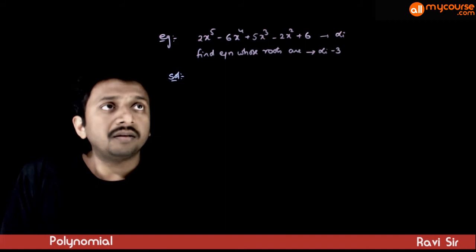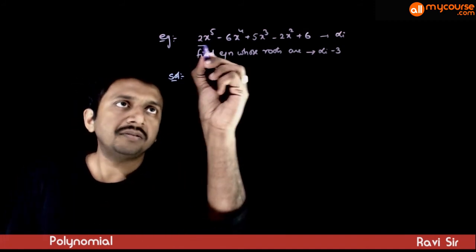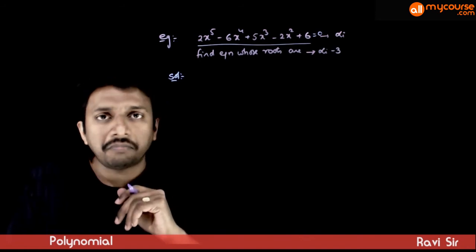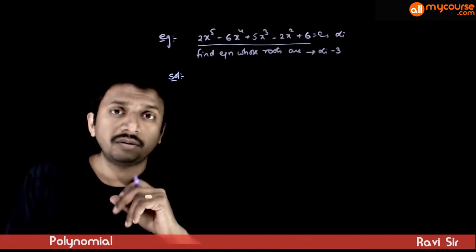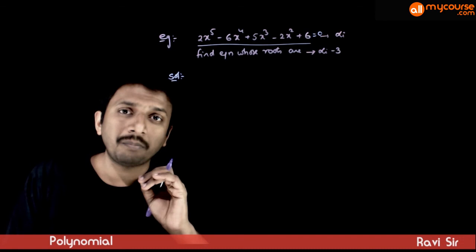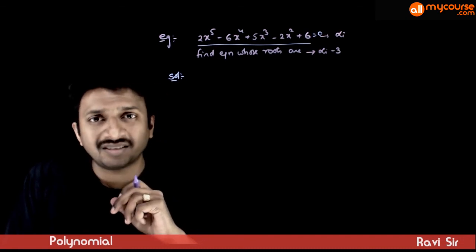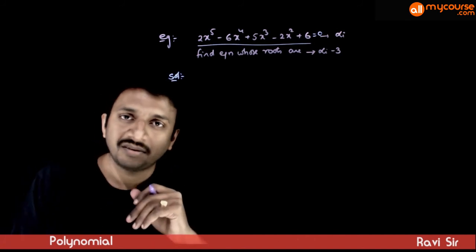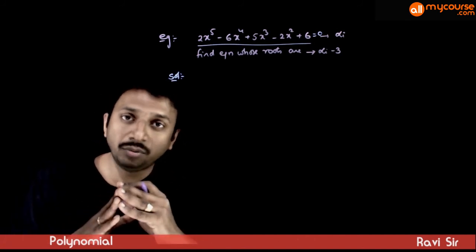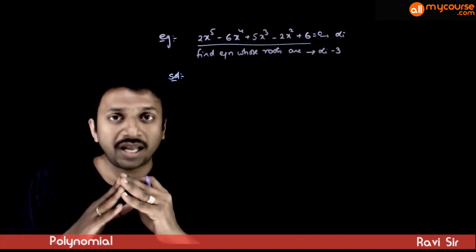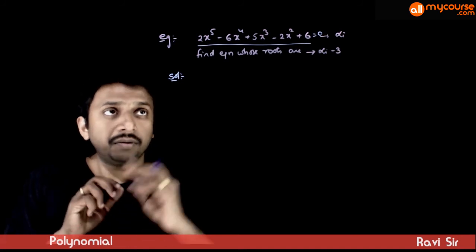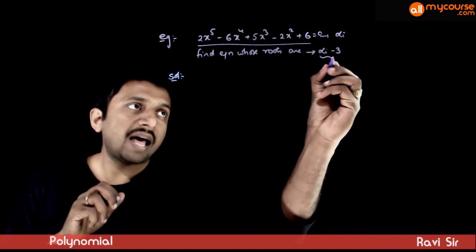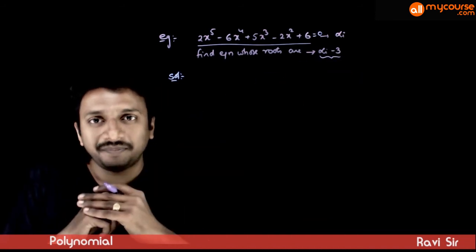In this example, you have a 5th degree equation: 2x power 5 minus 6x power 4 plus 5x cube minus 2x square plus 6 is equal to 0. The roots of this equation are alpha 1, alpha 2, alpha 3, alpha 4 and alpha 5. You are asked to find the equation whose roots are alpha i minus 3.